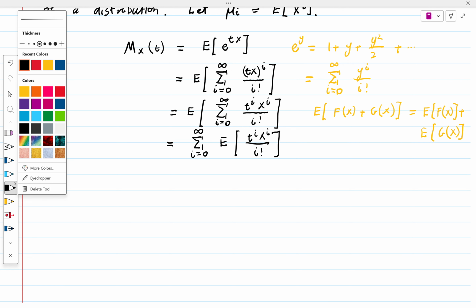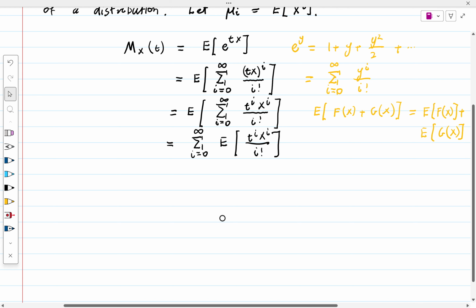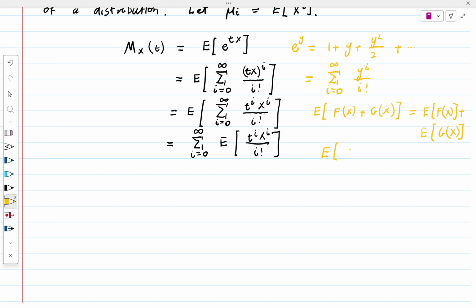Another property of expectation: the expected value of alpha times a function of x is equal to alpha times the expected value of the function of x. This is important because the t to the i and the i factorial are independent of our random variable. They're like a constant, so they can come out the front.